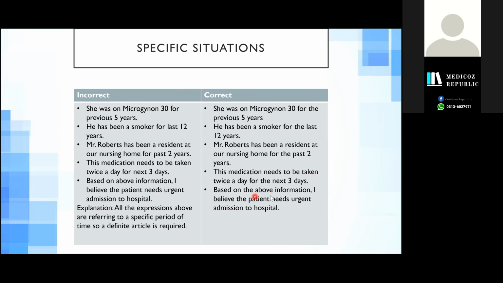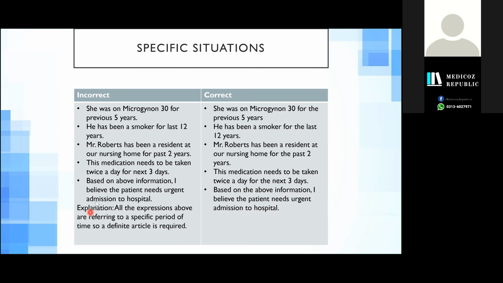Based on the above information, this is making that information very specific. We have talked about the information before and we are talking about it again. Then we will say, based on the above information, I believe the patient needs urgent admission to hospital. If we have talked about the admission to the hospital before, we can add the before hospital as well. I believe the patient needs urgent admission to the hospital.